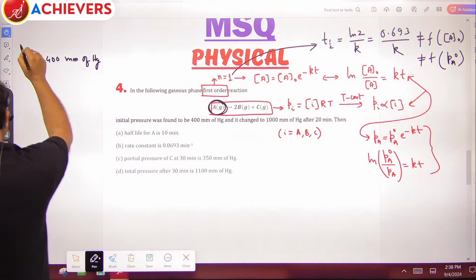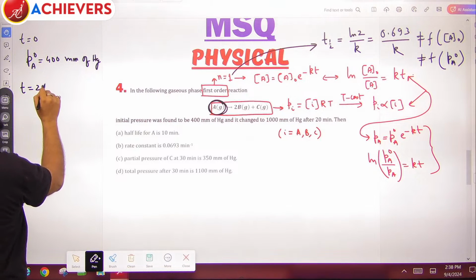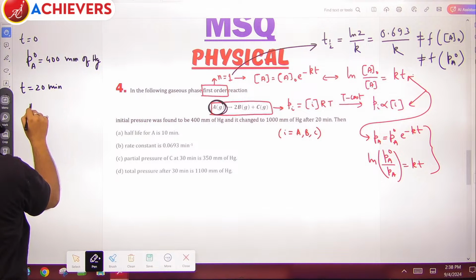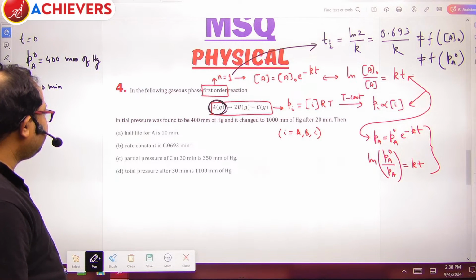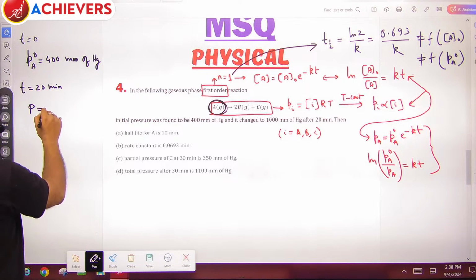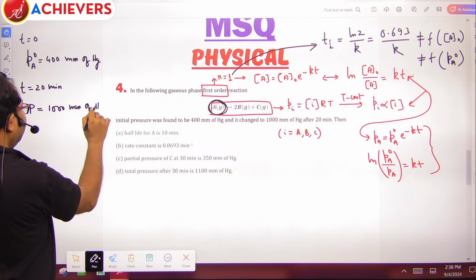So this is at t equal to 0, and at t equal to 20 minutes, the total pressure is 1000 millimeter of mercury.